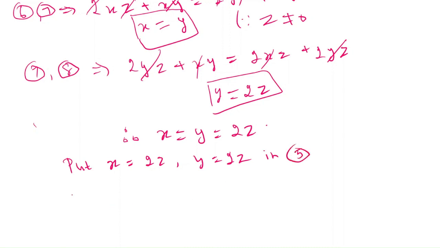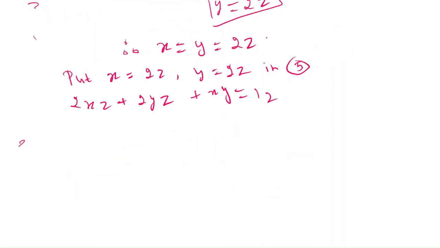So what is equation 5? I write it again: 2xz plus 2yz plus xy is equal to 12. Now we substitute. Instead of x put 2z.